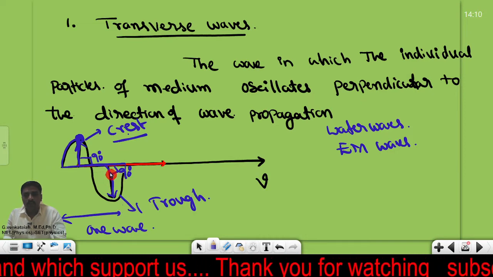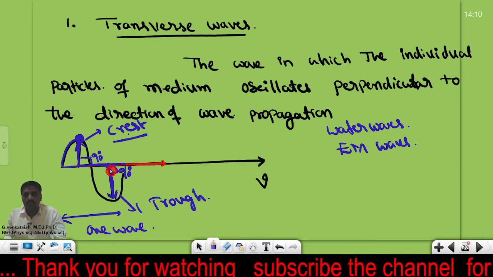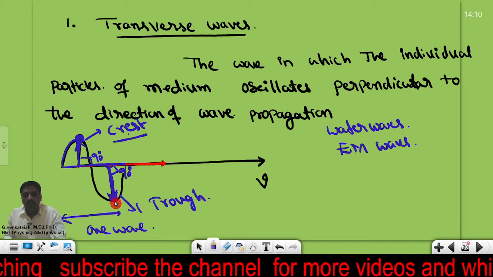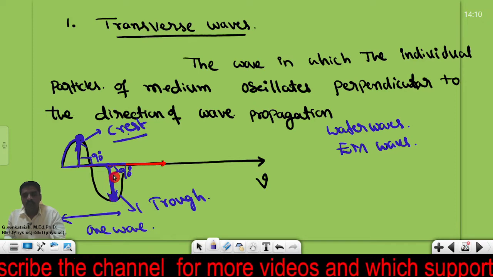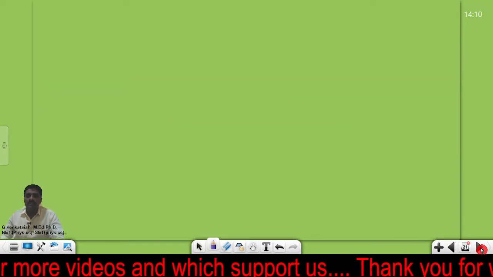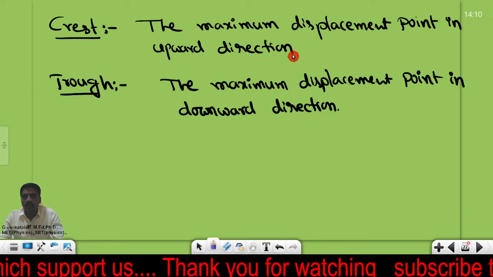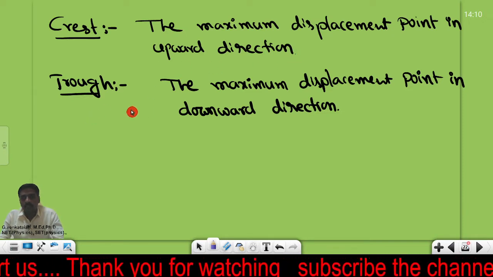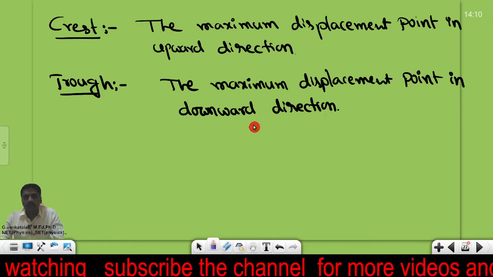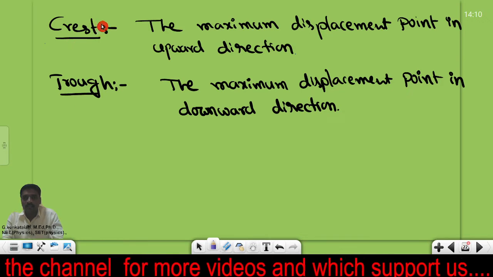The trough is the point where the particle has the maximum displacement in the downward direction. So the maximum displacement point in the upward direction is called a crest, and the maximum displacement point in the downward direction is named a trough. Transverse waves produce crests and troughs.